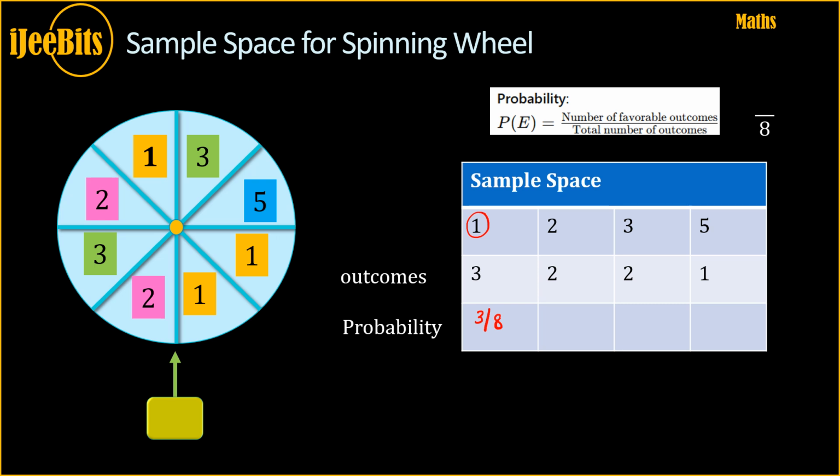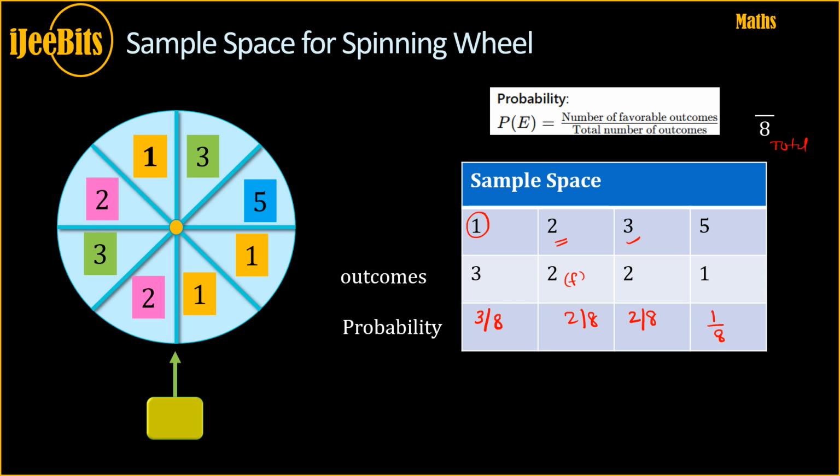Similarly, you can calculate the probability of getting 2. This is the favorable outcomes, and this is the total, so 2 by 8 would be your probability of getting 2. Similarly, 2 by 8 would be your probability of getting 3. Here you have only one 5, and hence 1 by 8 would be your probability of getting 5 from your experiment.